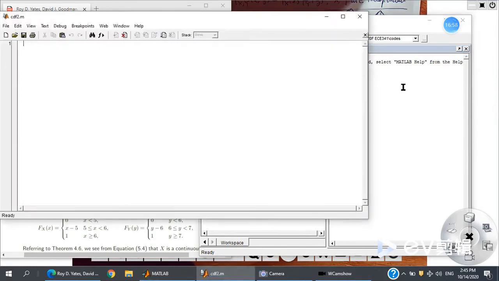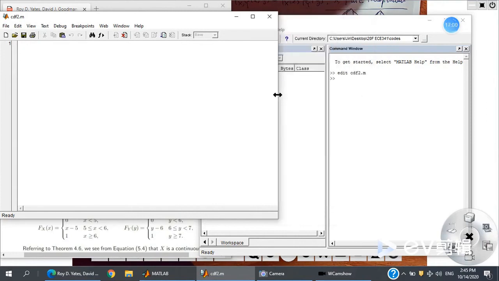For this one, I want a function. I just use the same name, CDF2. I will input x and y, and it will return capital F. So how to return it? We have several cases.